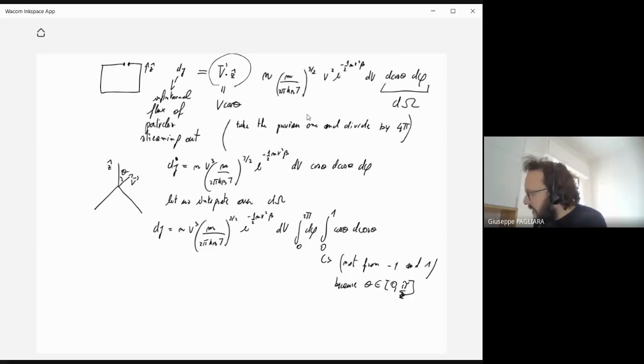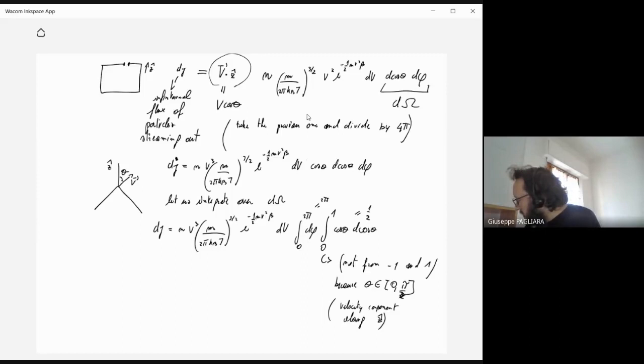Because I have to select all the particles that have a velocity component along the z versor, otherwise they cannot exit the box, right? They have to have a component of velocity along z which is positive. That's why I'm integrating from 0 to 1. So now this is equal to 2 pi in this case, whereas this is equal to x squared over 2, so this is just 1/2, the second integral.